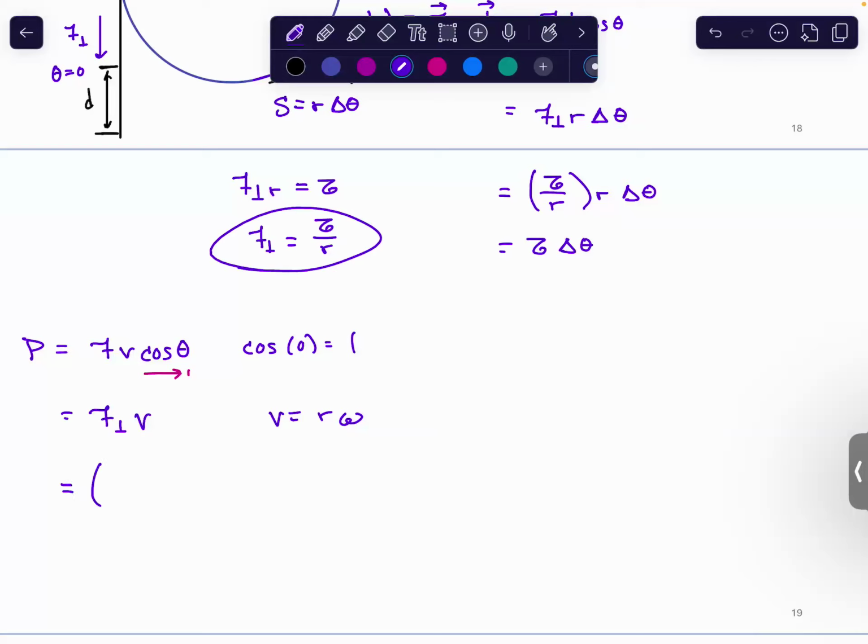So this is torque over r, and then v is r times omega. And so what we end up with is the power due to torque is going to be the torque multiplied by the angular speed omega.